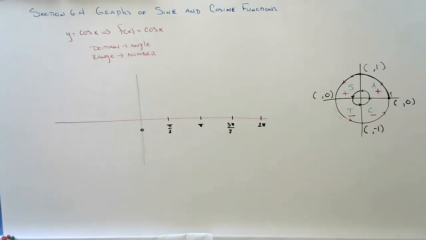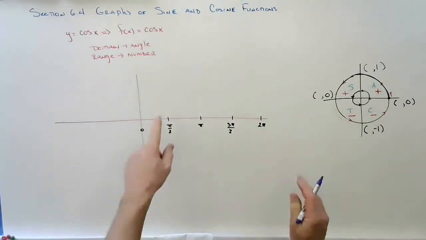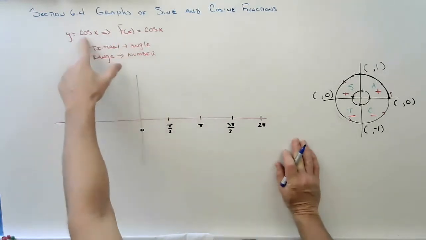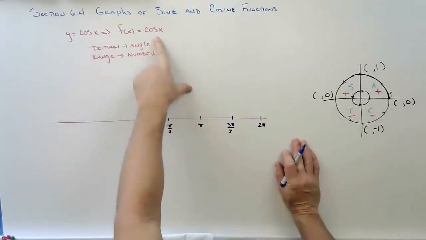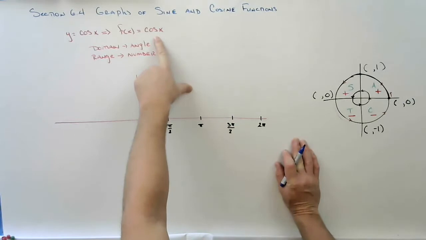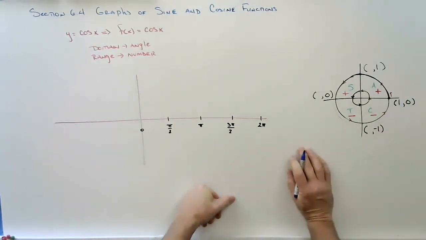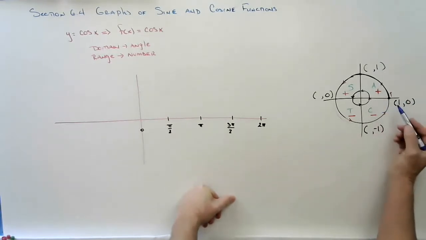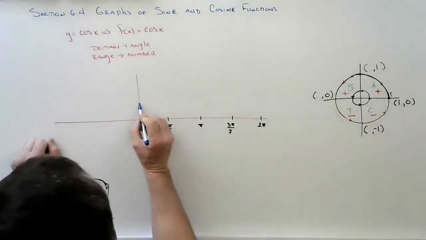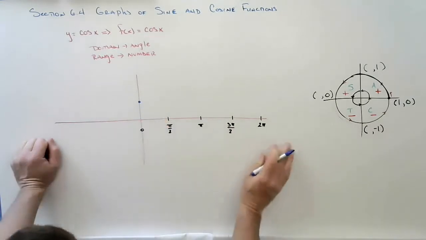What are our y values? Well, we learned that our y values are the numbers we get when we plug in the angle. When we plug in 0, we get 1. That's what cosine is. So that dot's going to be here.